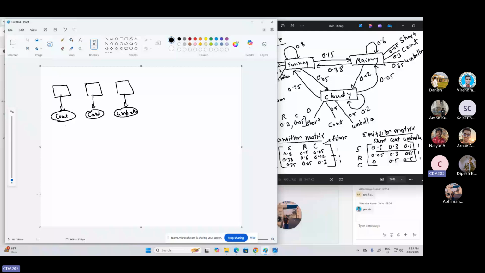Can anyone tell what is the total number of possibilities of the hidden state if we have the three conditions short, coat, umbrella, and the hidden states are sunny, rainy, and cloudy?